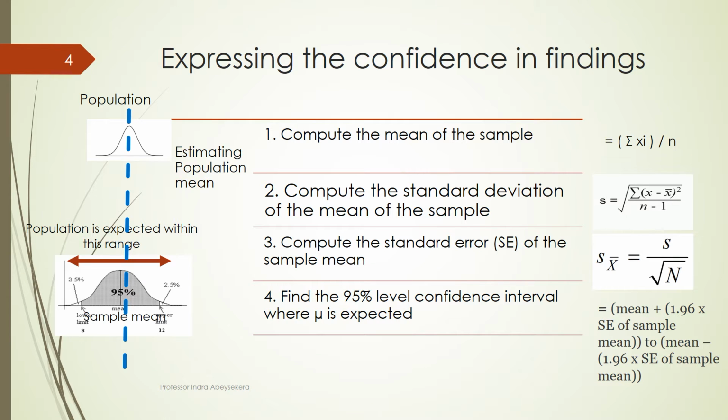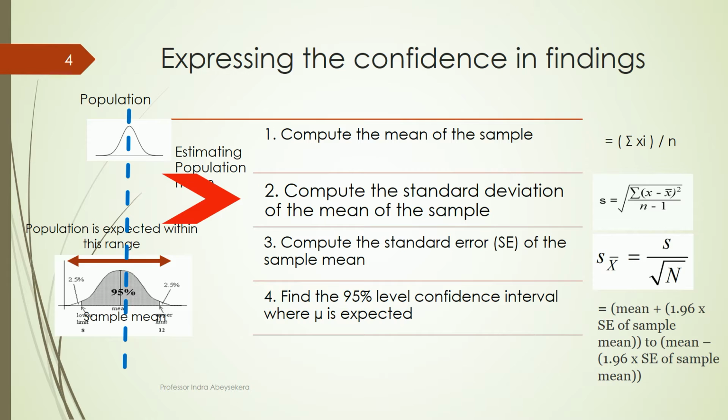First, we compute the mean of the sample. So we sum all the observation values and divide by the sample size to obtain the mean of the sample. Second, we compute the standard deviation of the sample.